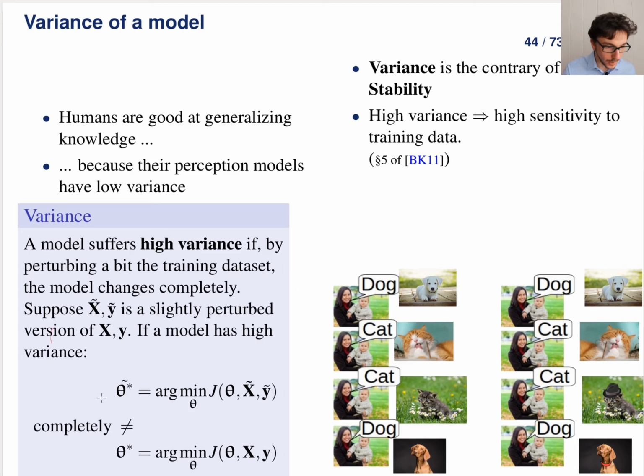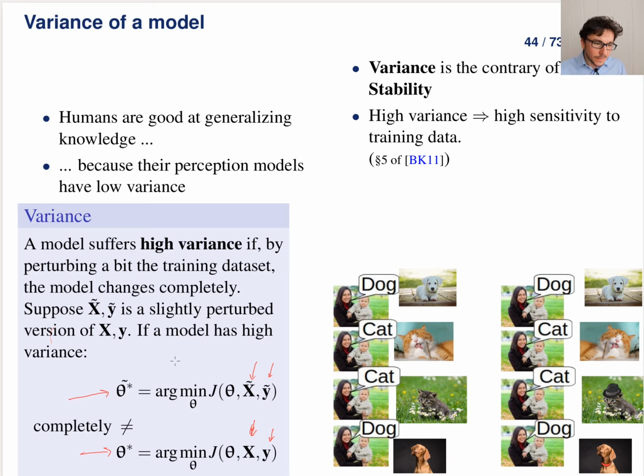So here I'm writing you the thing in equations, if you like equations more than words, like me. So here I'm taking the dataset, let's say any dataset x, y, and I'm supposing I perturb a bit the values of x and y.